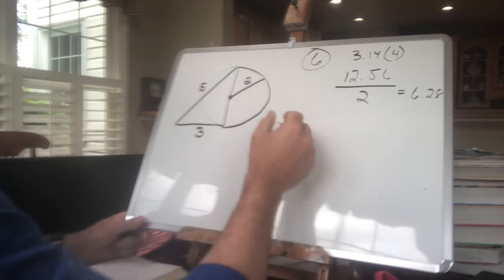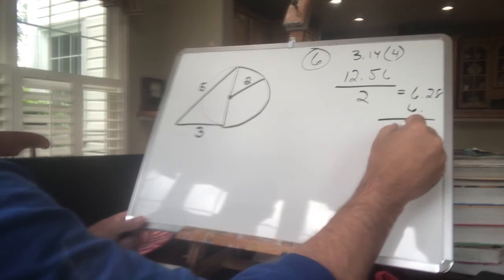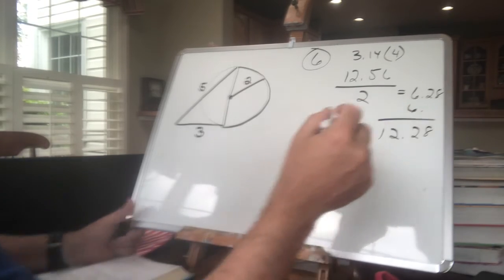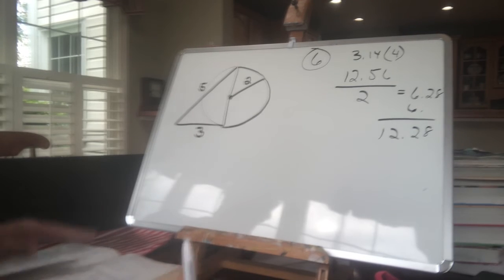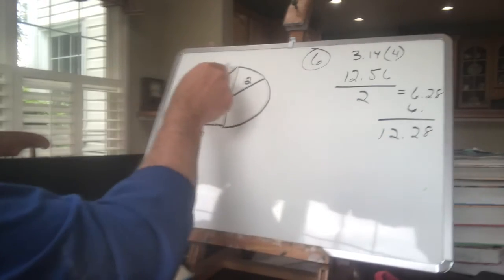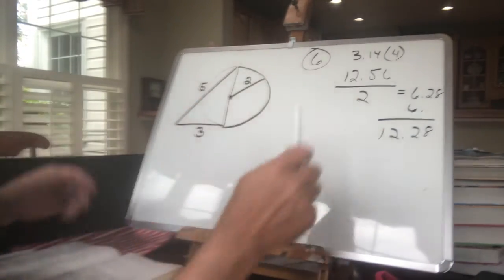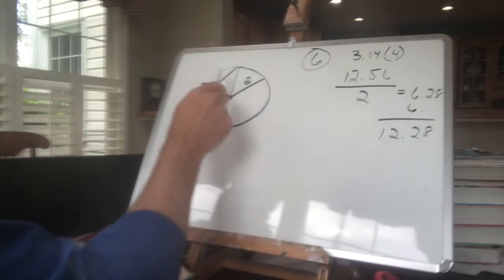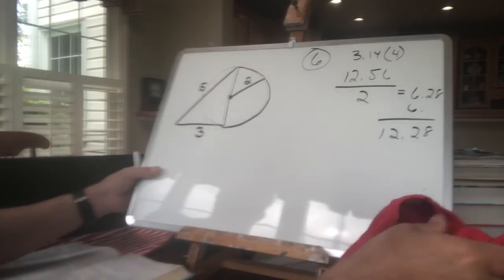So now I add 6 to that, and I get 12.28. 12.28 is the area. Remember, the semicircle is half a circle. So whenever we find the area or the perimeter of the entire circle, we then just divide it by 2. Whatever the other part of the figure is, you know how to find the area of that.